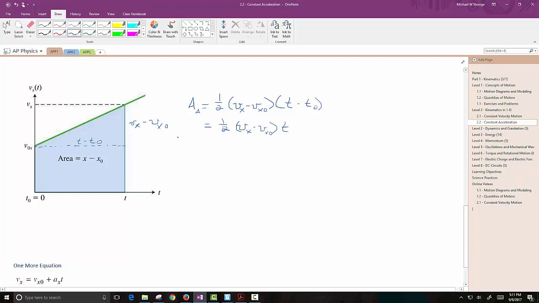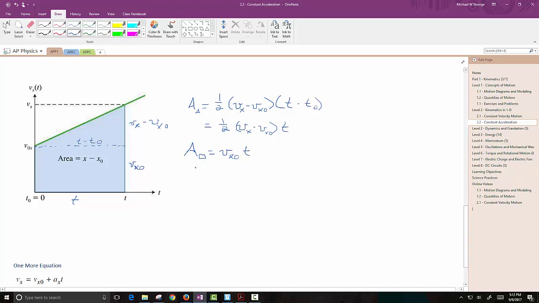All right. So then the area of this rectangle on the bottom, well, this side over here is just Vx naught. I know that they write the naught first, but we'll do Vx naught because that's how it looks on your equation sheet. And again, the bottom is going to be t minus t naught, but since it's 0, I'm just going to put t. So the area of the rectangle is equal to Vx naught times t.